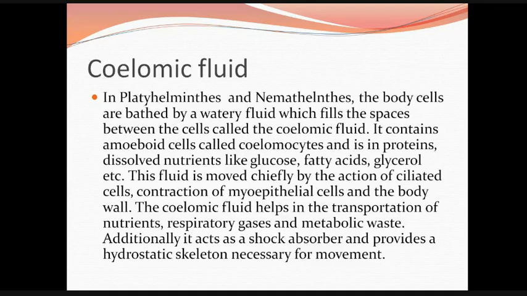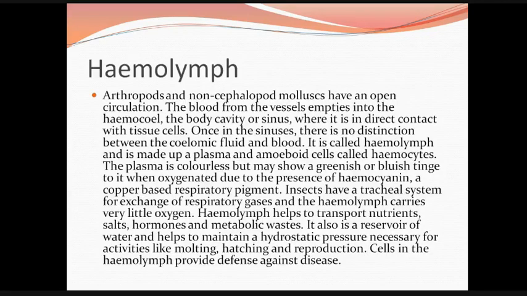These amoeboid cells produce dissolved nutrients, and this coelomic fluid helps in the transportation of nutrients, respiratory gases, and metabolic waste. Not only this, it also supplements the animal with shock absorbent ability and a hydrostatic skeleton.